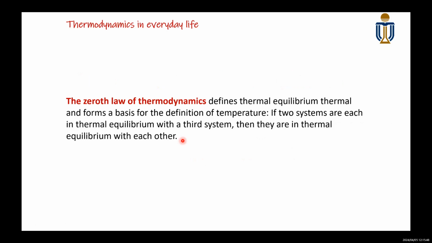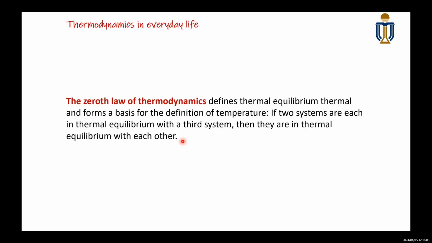If two systems are each in thermal equilibrium with a third system, then they are in thermal equilibrium with each other. In simpler terms, this means that if two objects are at the same temperature as a third object, then they are at the same temperature as each other.